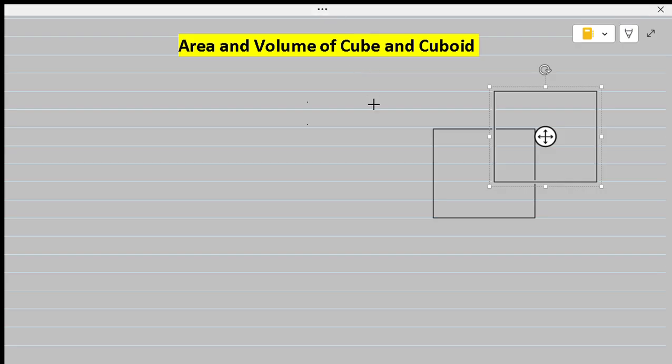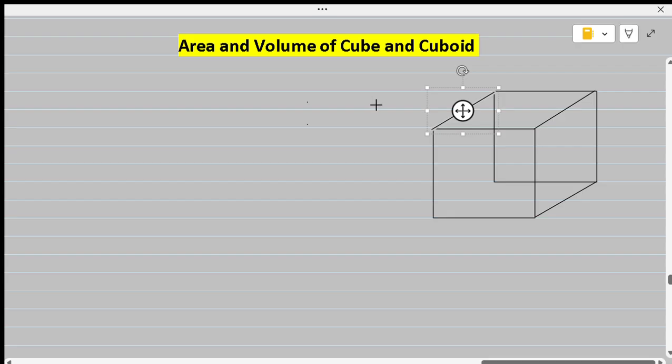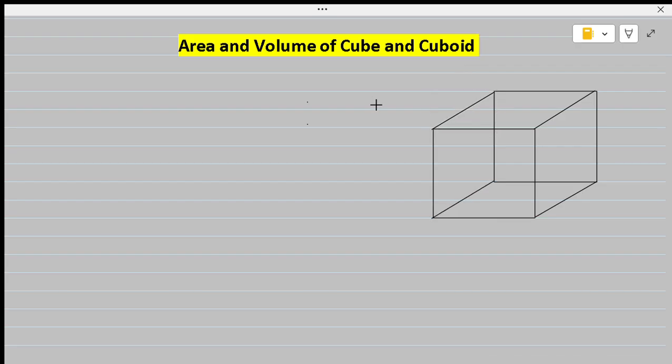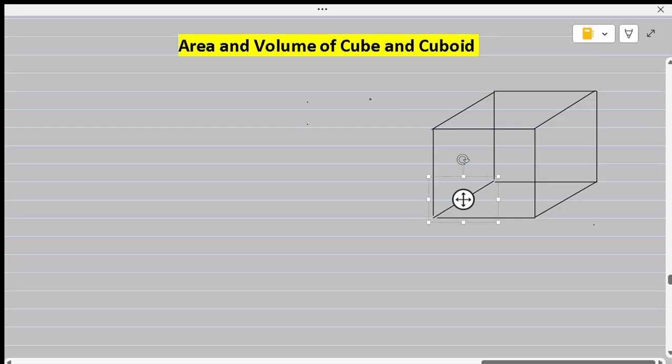Okay, so we are making one cuboid. Okay, so I made one diagram of a cuboid.